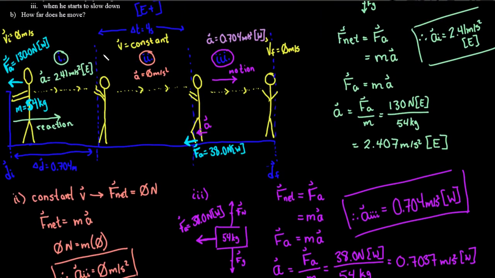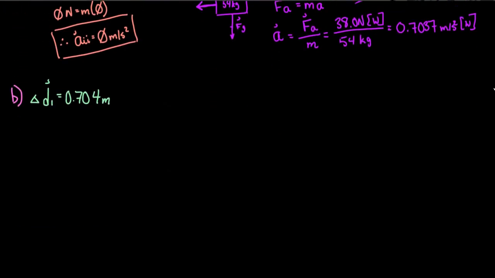Now notice here, we have no acceleration. So remember, when we have no acceleration, we really don't even have to use our kinematics equations. Remember, our kinematics equations are for when acceleration is present. So when your velocity remains constant, what that allows us to use is that average velocity formula.